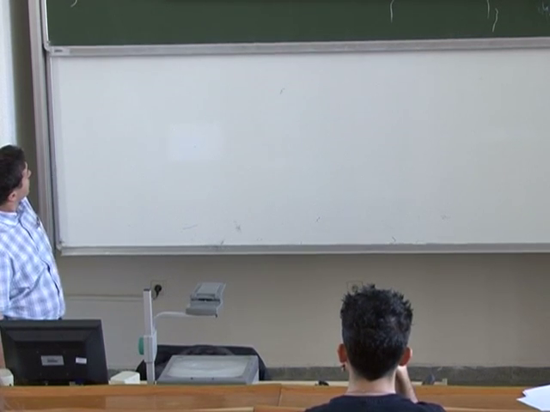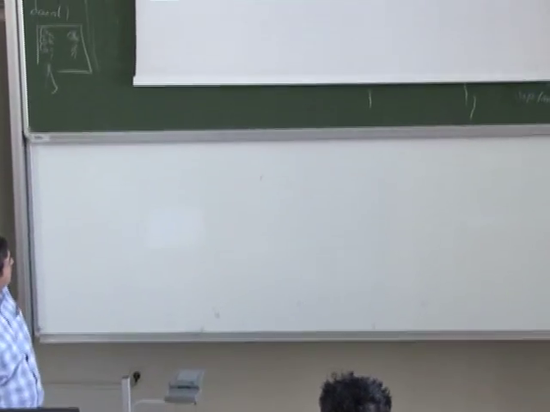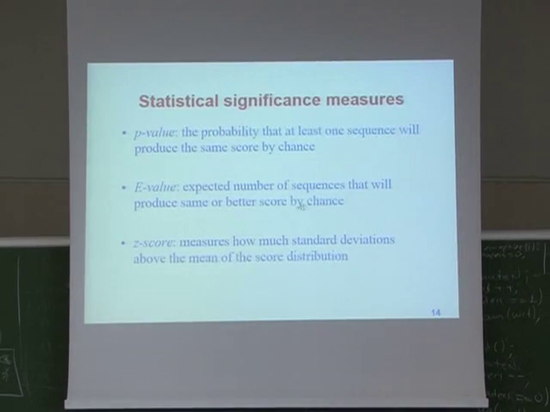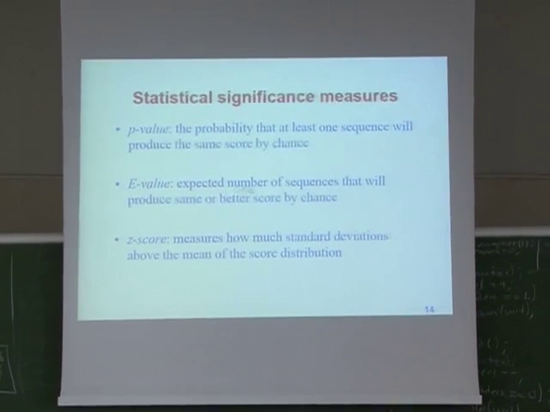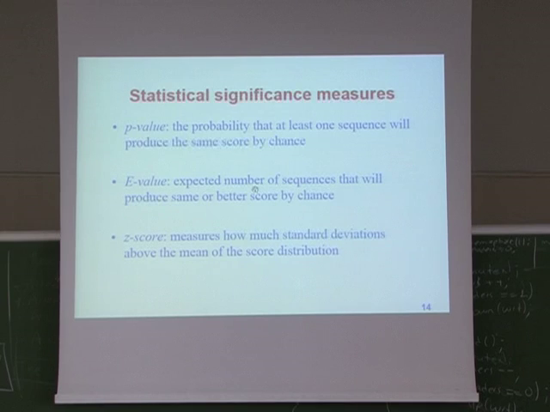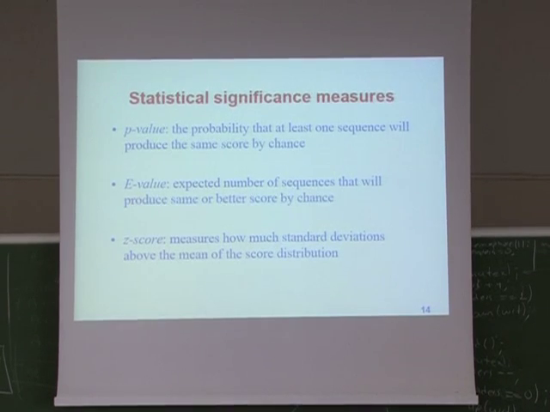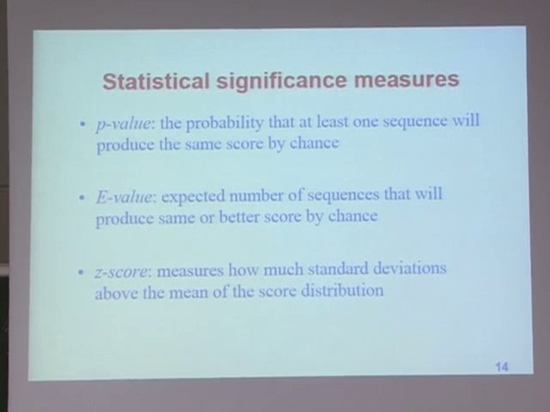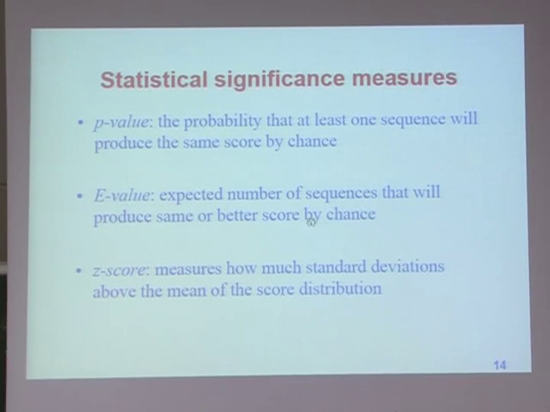So e-value can also be considered the expected number of sequences that will produce the same or better score by chance. And do not forget, it is the expected number of unrelated random sequences, because we do not know in the database which are really related. Out of all the sequences in the database, what is the expected number of sequences that can produce the same or better score by chance?